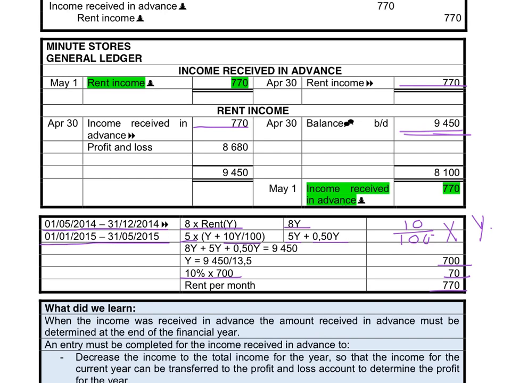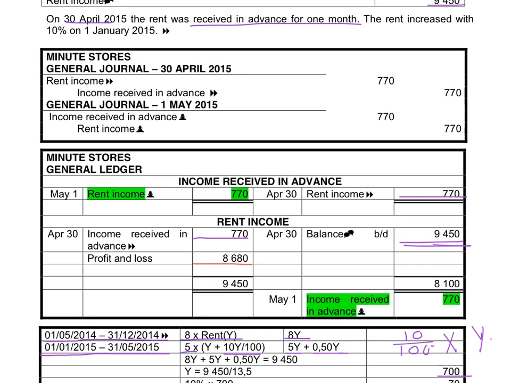If we balance our rent income account now, we will see that the balancing figure is 8,680. That means the total amount that must go to my income statement and my profit and loss, the actual rent only for 12 months, is 8,680.